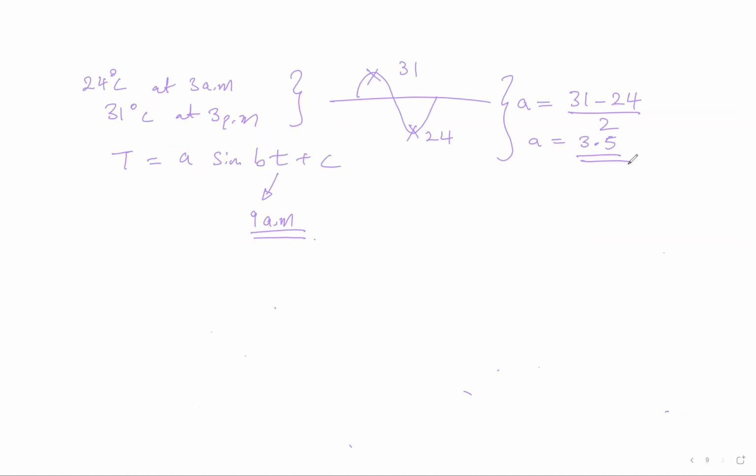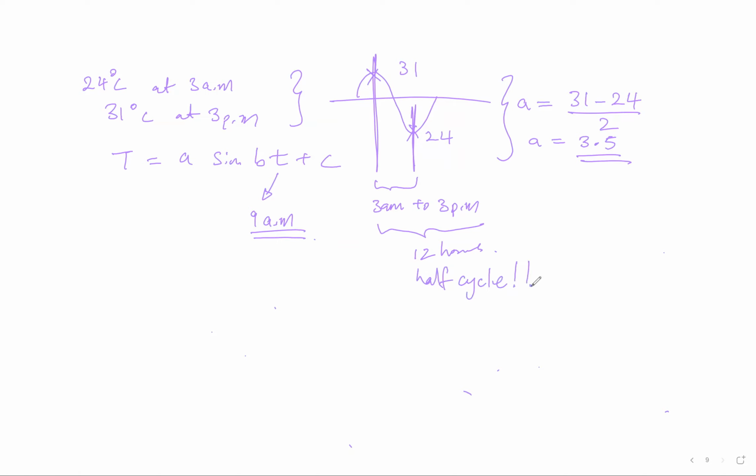So from here to here, it should be 3 a.m. to 3 p.m., which is 12 hours only. So for a complete cycle, you must have 24. This is only half the cycle.